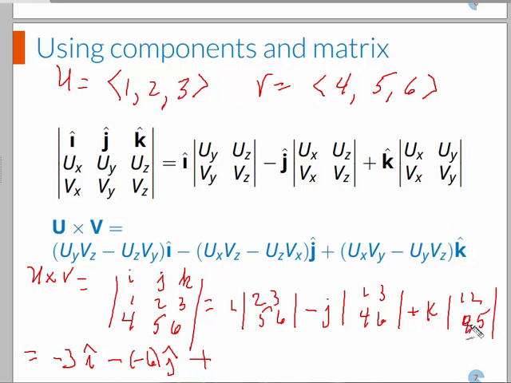Okay, 5 minus 8, so it's another negative 3, and here's the k. Okay, and this is as expected. The cross product gives a vector, so when we're done, we expect to see either the ijk, or you can write it with brackets, but we expect a vector when we're done.